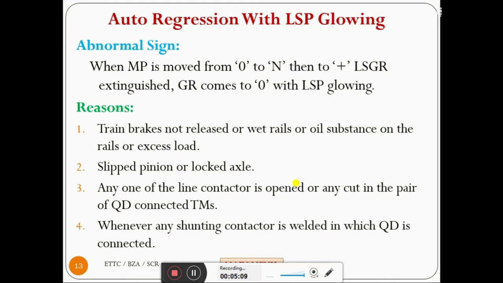It closes its interlock on Q51 relay on tap changer circuit, and Q51 relay will cause autoregression. And number 2, it leads to auto sanding, because Q48's interlock is on sanding circuit, and also LSP lamp glowing can be seen.